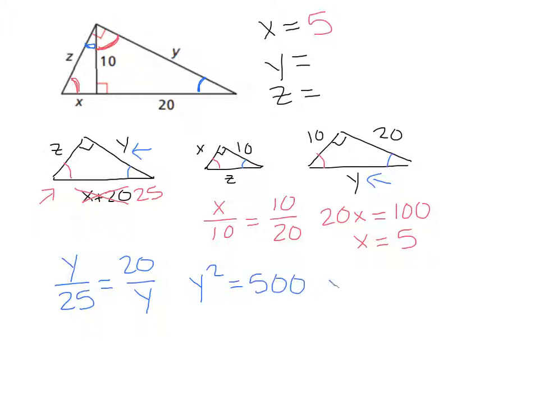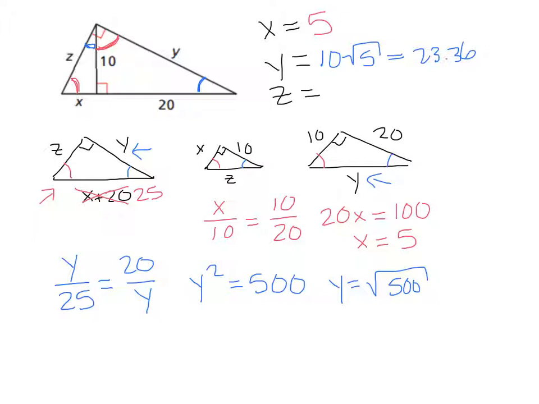Take the square root of both sides, and you get y equals the square root of 500, which can be simplified to 10 root 5, or the decimal approximation of 23.36.